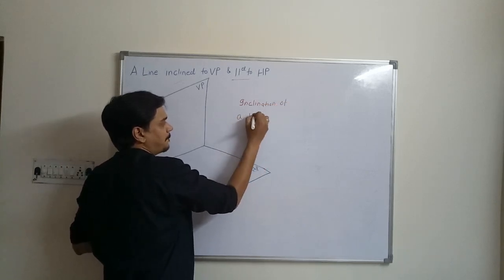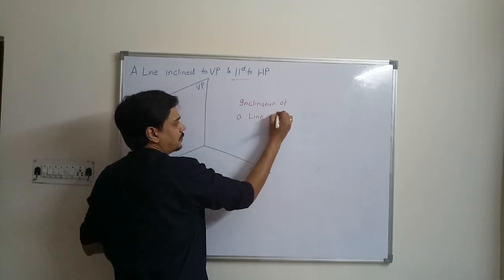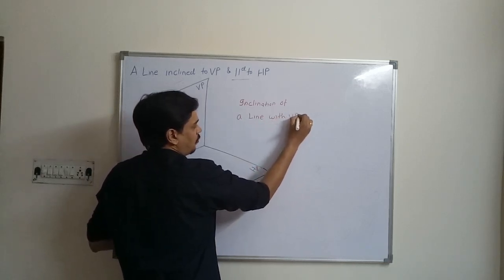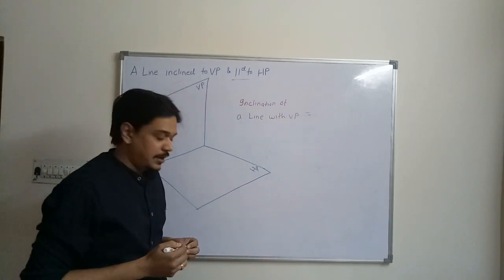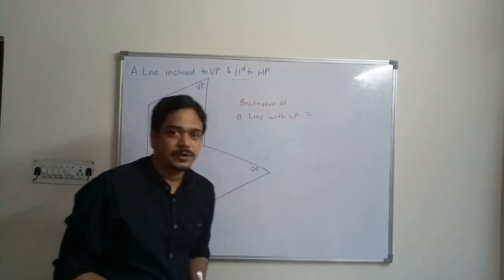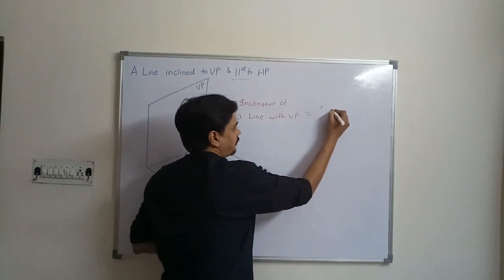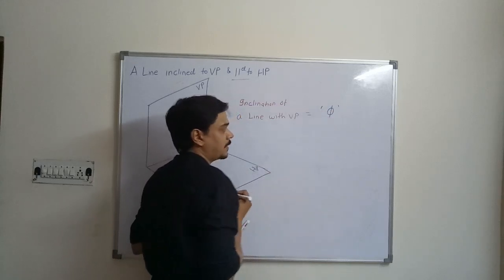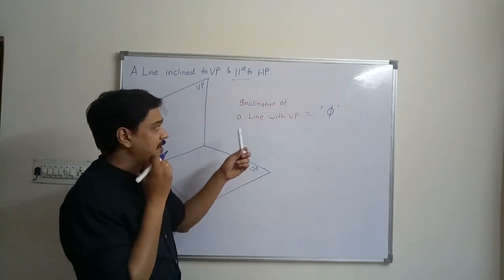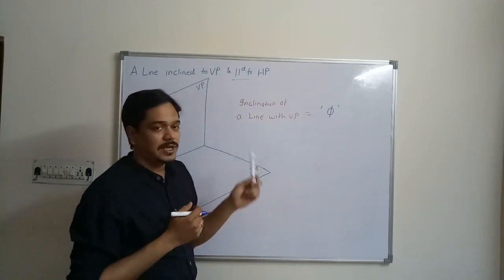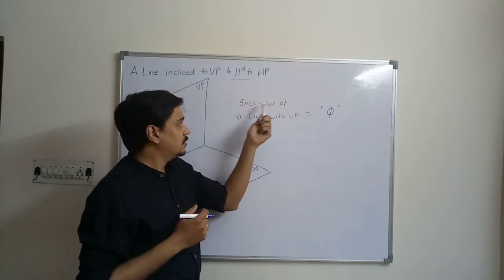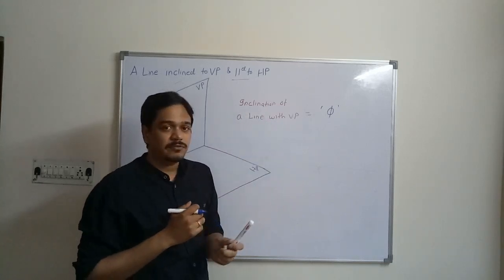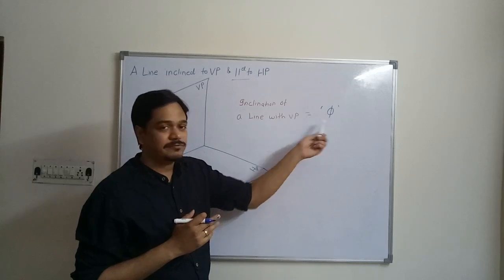The inclination of a line with the vertical plane is termed phi. In the earlier case, inclination of line with HP was theta, and so in this case, inclination of line with respect to the vertical plane is termed phi.